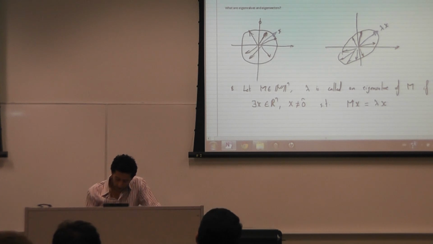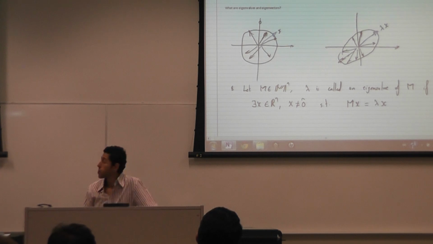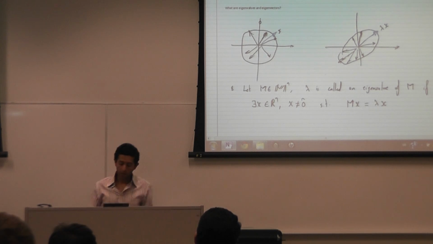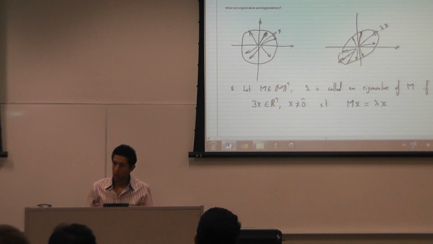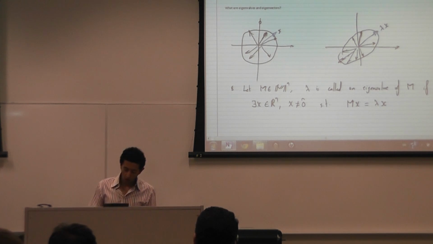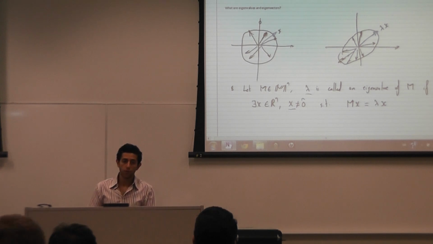It could be negative, but it's still in the same direction. In fact, lambda could also be equal to 0, because I did not put any restriction on lambda, I just made sure that x is not equal to 0.